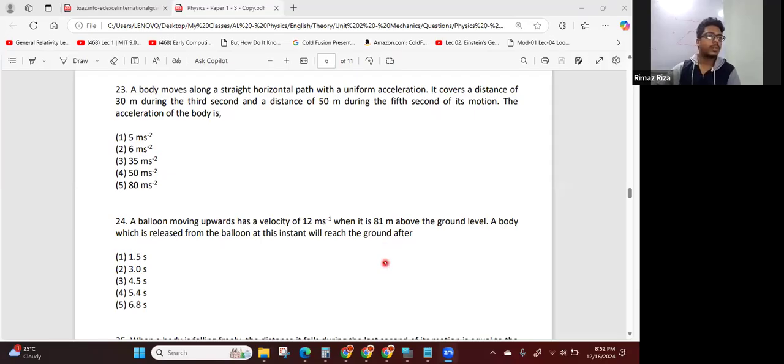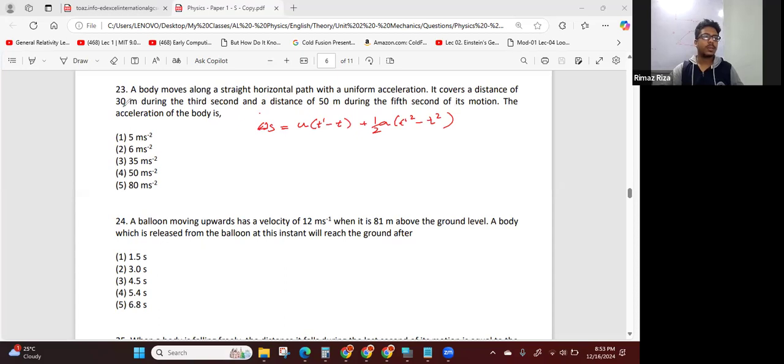Okay, so a body moves along a straight horizontal path with uniform acceleration. It covers 30 meters in the third second and 50 meters during the fifth second of its motion. So I can use s equals ut plus half at squared, or else I can use this one, as I told you in the previous one: delta S equals u times (t' minus t) plus half into a times (t' squared minus t squared).